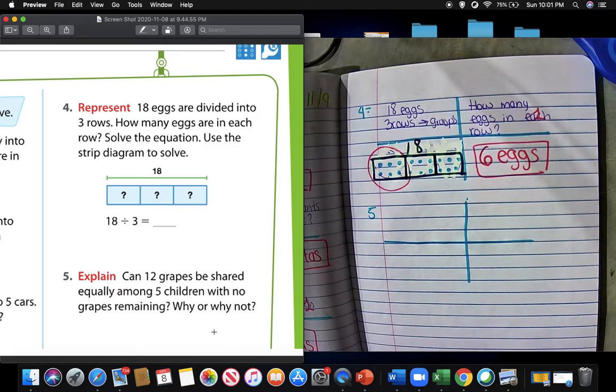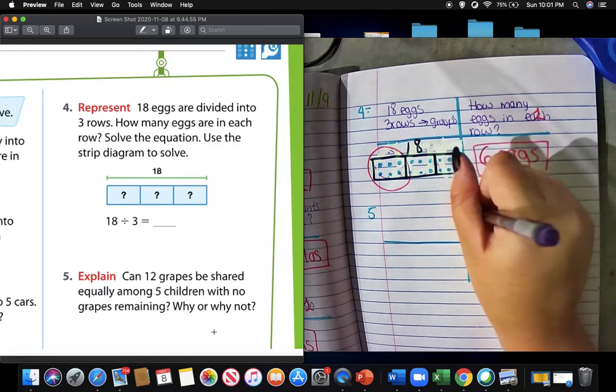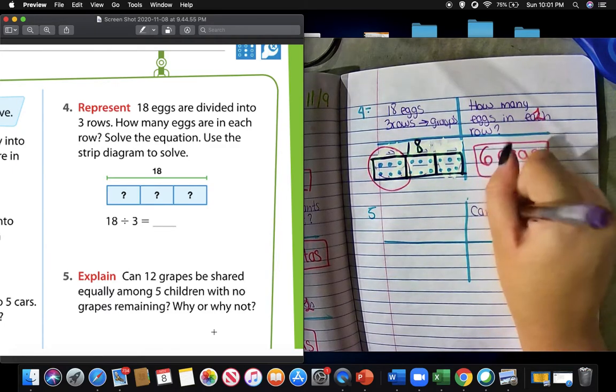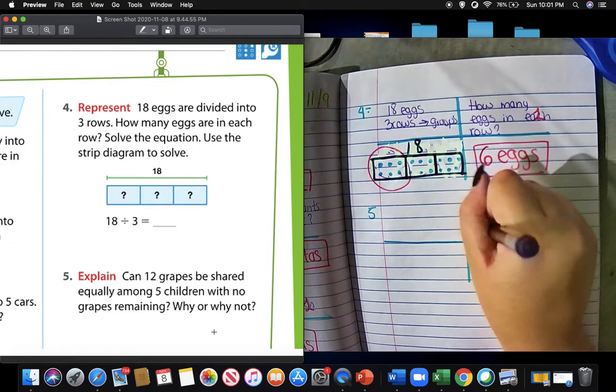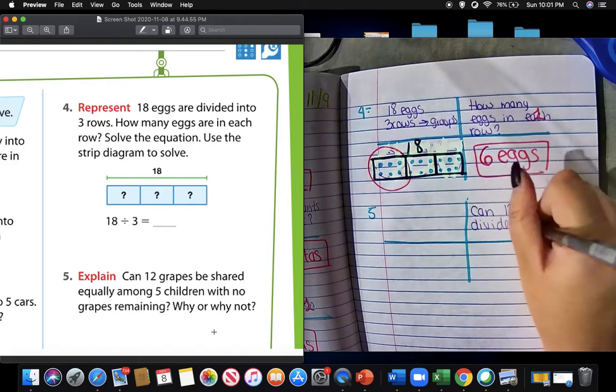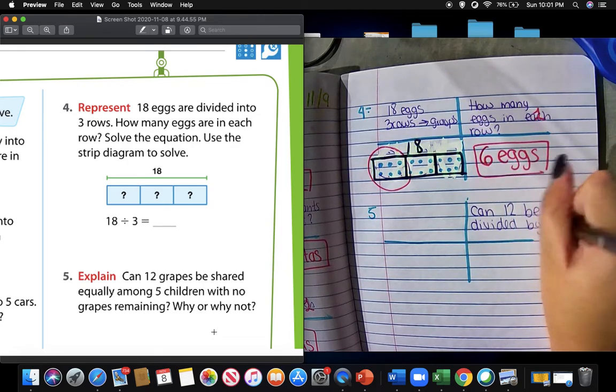So the question is, can 12 be divided by 5?